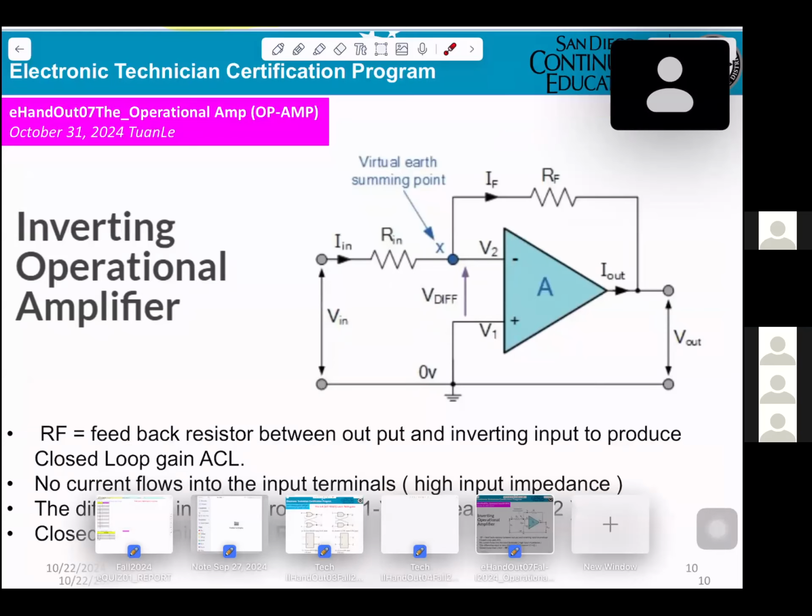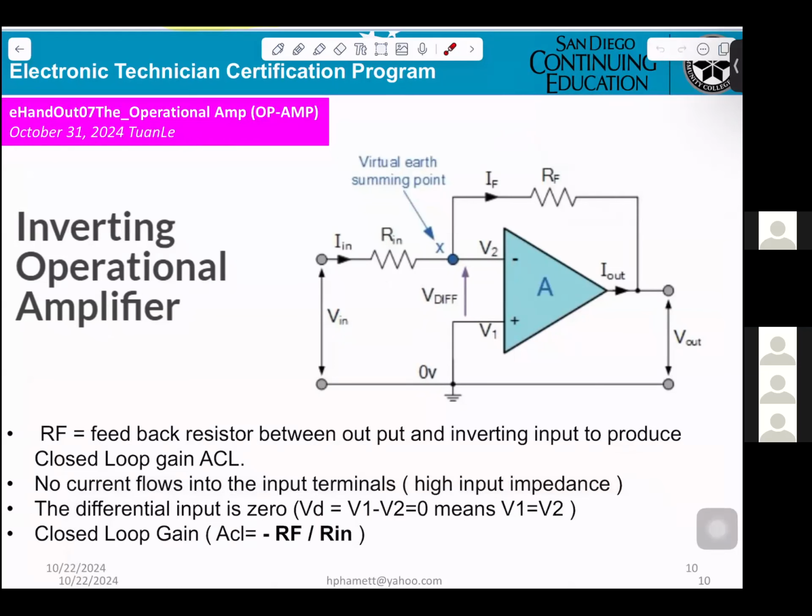Okay, last time we were already talking about the operational amplifier. So today we'll be continuing with what we call the inverting operational amplifier.